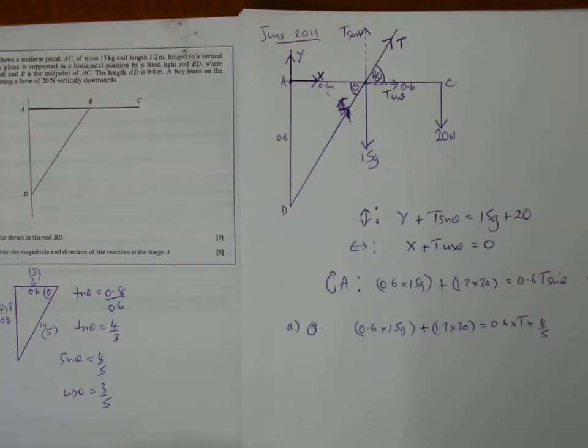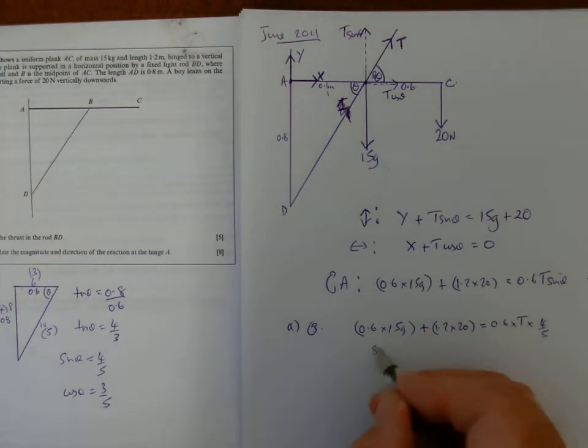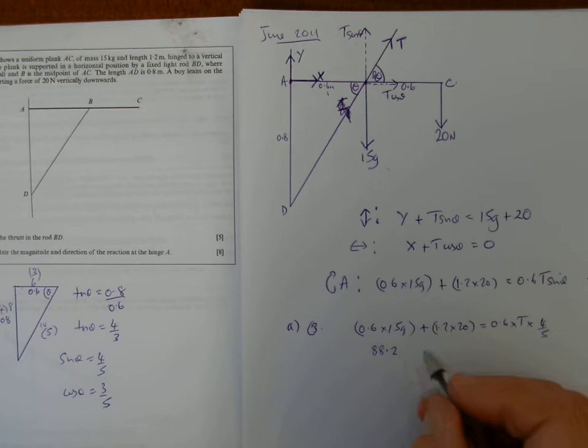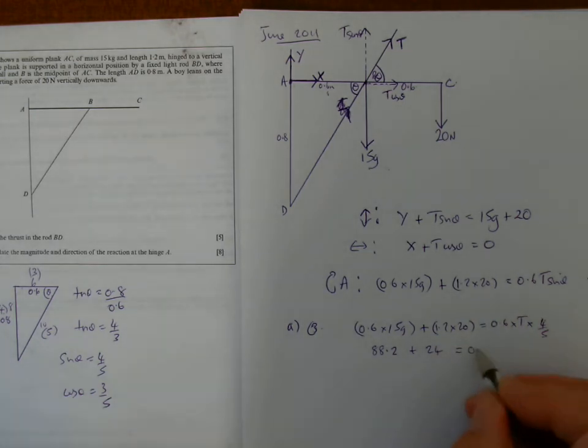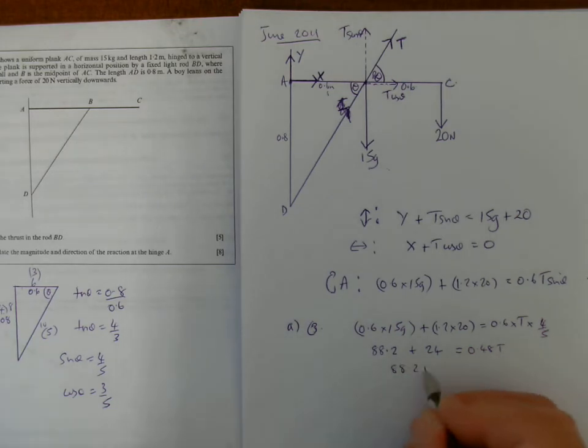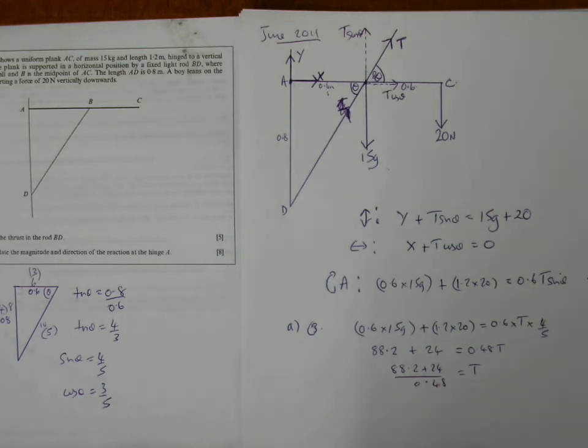So all that is known, that's 88.2 plus 24 equals 0.48 T. So 88.2 plus 24 over 0.48 is equal to T. So that gives me T is 233.75.